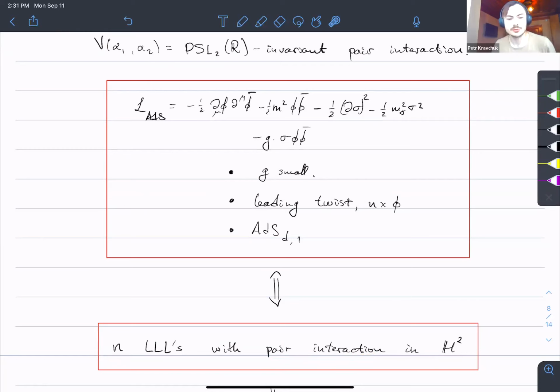It's a messy expression, but it's just some nice smooth potential, decaying at large distances, which is invariant under the isometries of the hyperbolic plane.